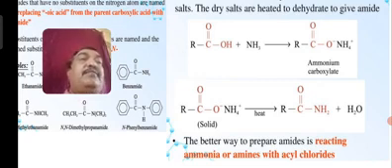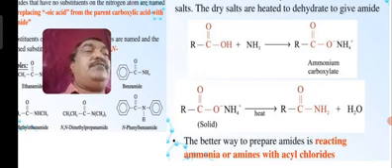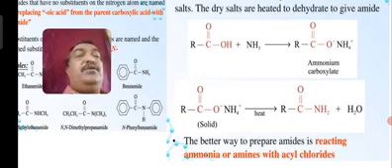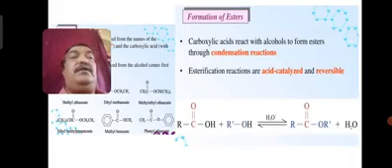So it is a simple method. First you take the carboxylic acid and heat it with ammonia, whereby the ammonium carboxylate forms, which will lose a molecule of water to form your amide, RCONH2. Now the esterification, I have discussed everything.